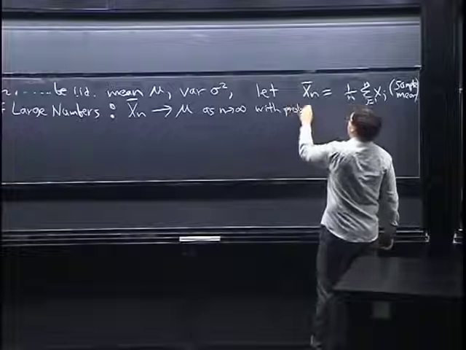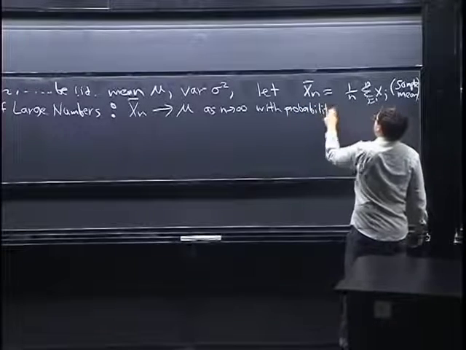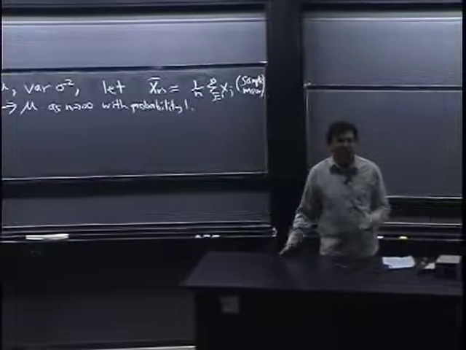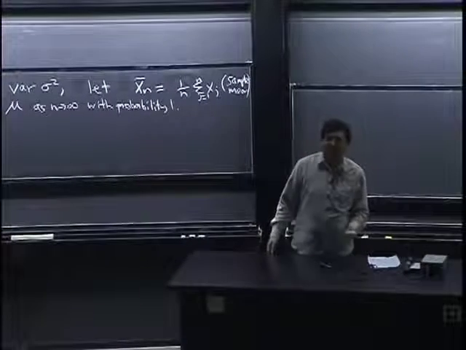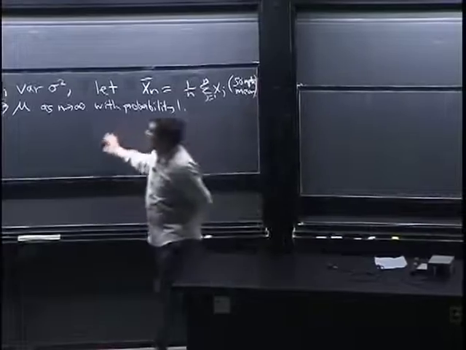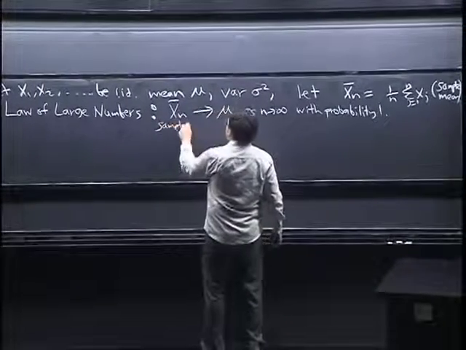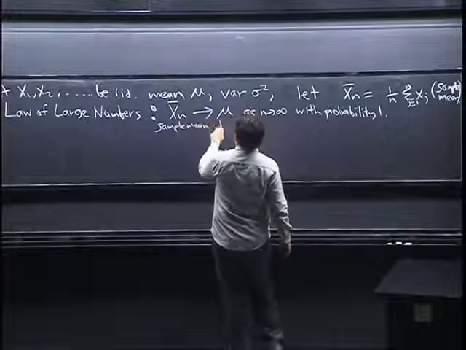That's the fine print, probability 1. With probability 0, something really crazy could happen, but we don't worry too much about it because it has probability 0. With probability 1, the sample mean converges to the true mean.